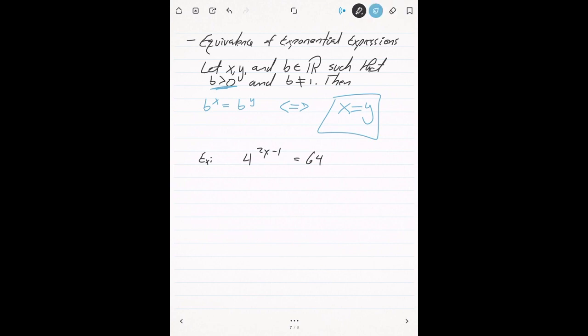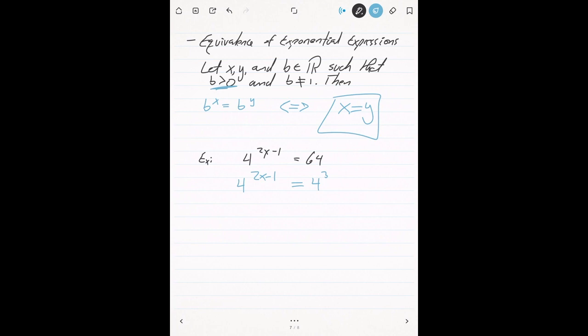I think this was actually the first problem that we had in the practice problem. Let's take a look here. Notice that the base is a 4. Could I rewrite 64 to be 4 to some power? Well, if you know your exponents of 3, then yeah, you can. We could rewrite this as 4 to the 2x minus 1 power equaling 4 to the third power. 4 to the third power is 64.